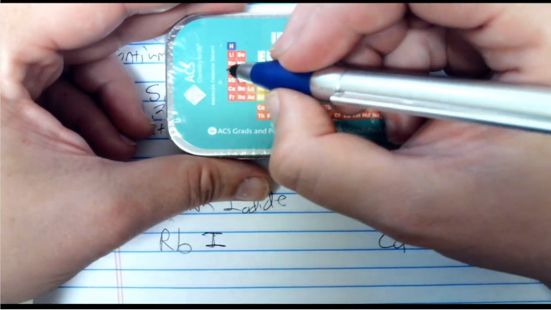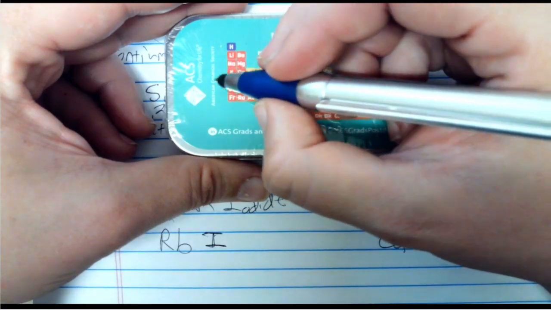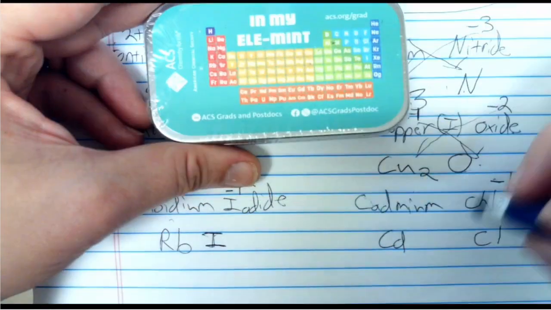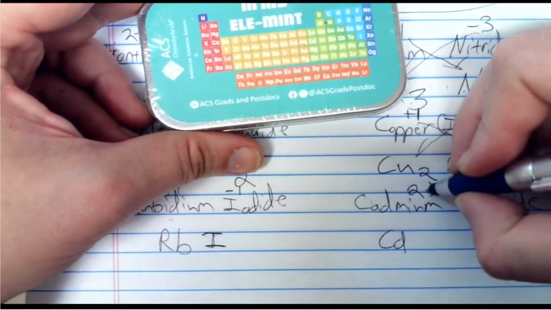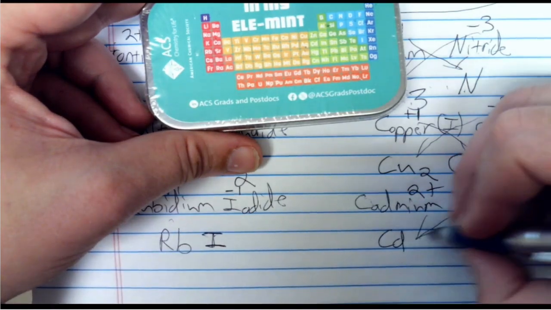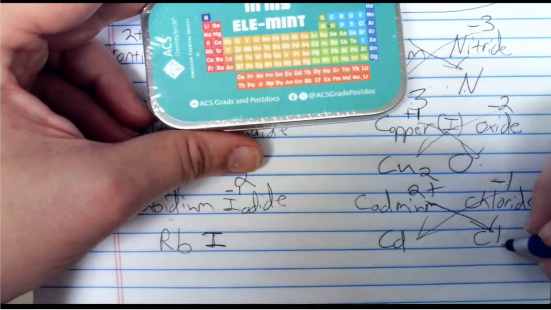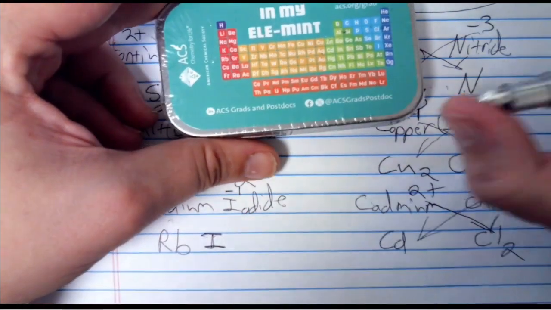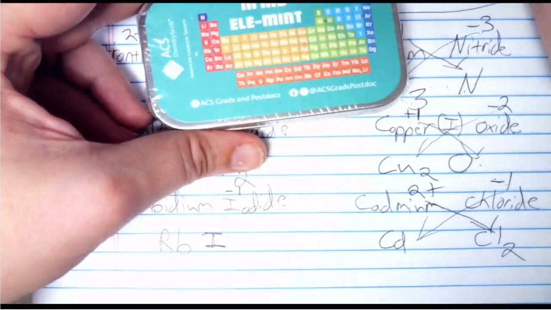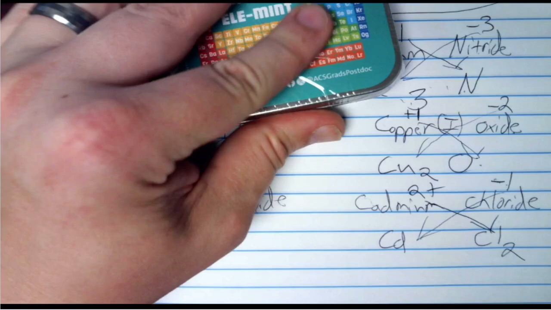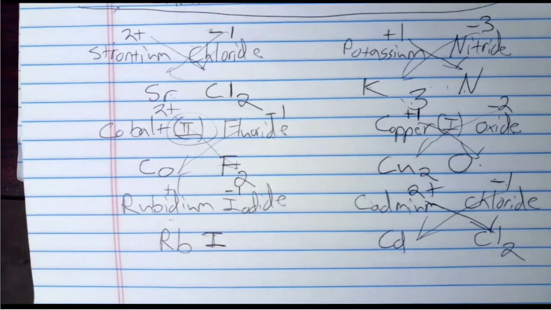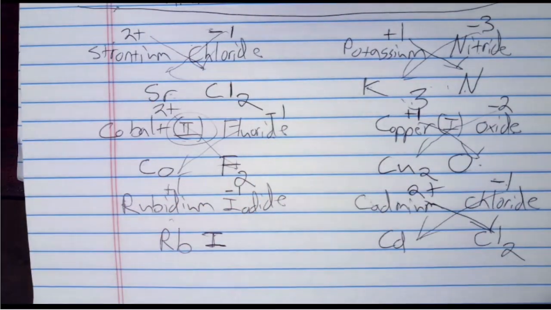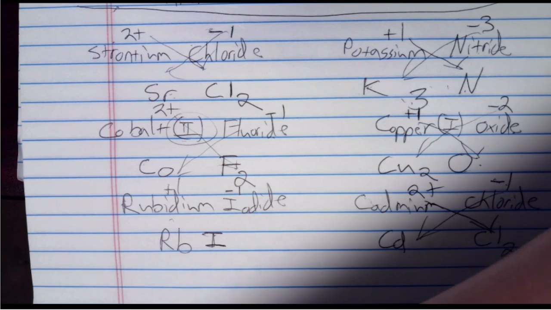So zinc has to move 2 over. Cadmium has to move 2 over. Silver has to move 1 over. So cadmium is 2+. So CdCl2. That's probably the hardest one there. But if you can do that, you're well on your way. I'll see you for another video.